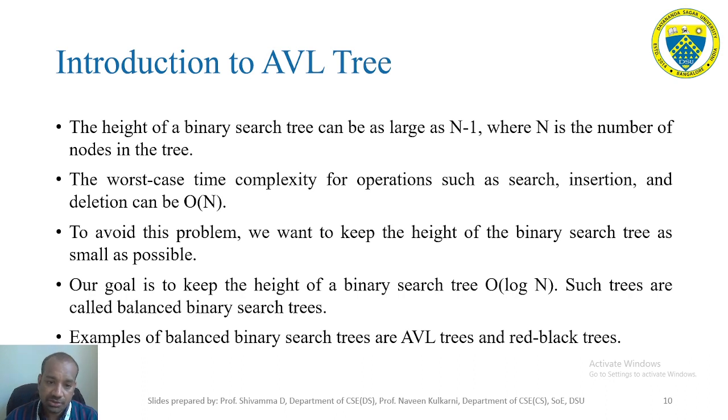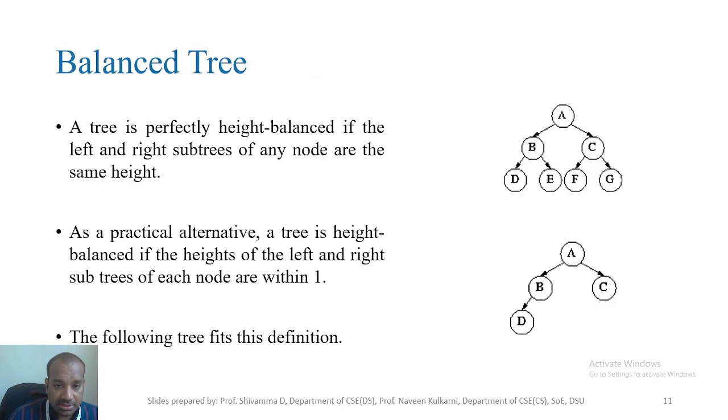That's the issue. So we will construct an AVL tree in such a way that the search complexity for whatever node we have inserted will be big O of log n. This is how the AVL tree works. The operations we will see now.